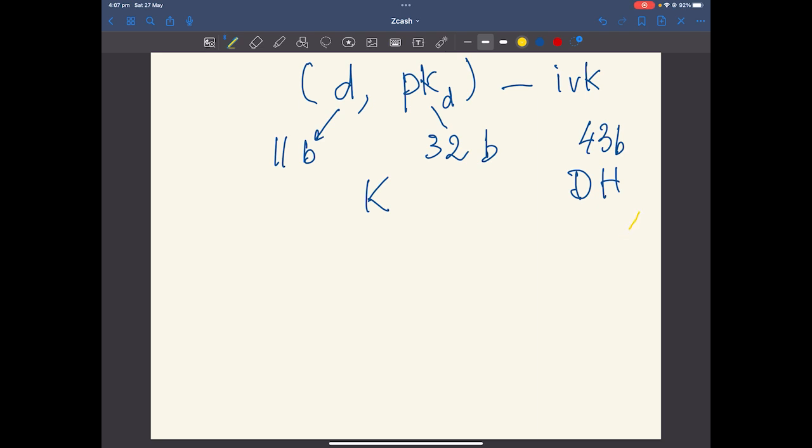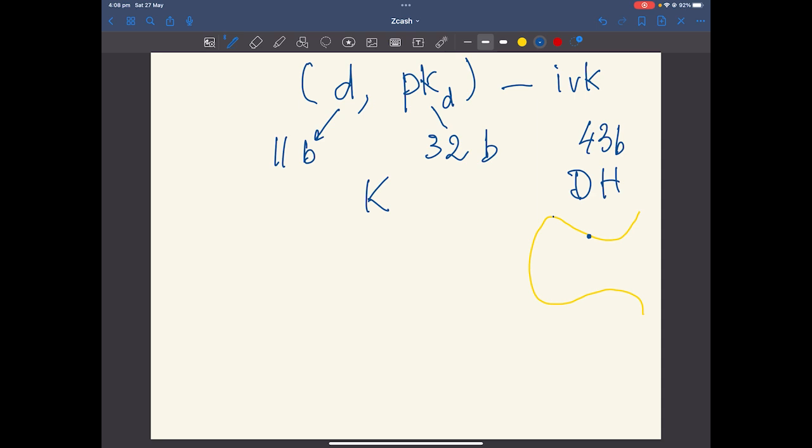This is a curve for Bitcoin, but other cryptocurrencies have different curves. And on that curve, you have points, the points in blue. And there's a way to add points together. You can add this point and this point, for example, and then you get another point.